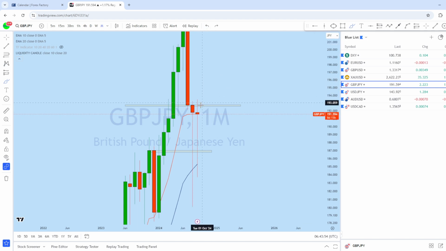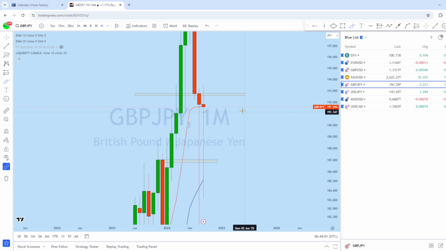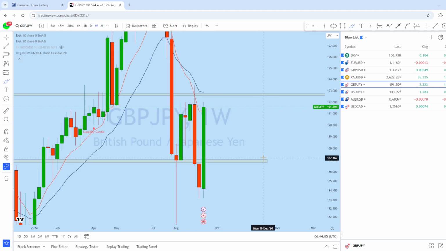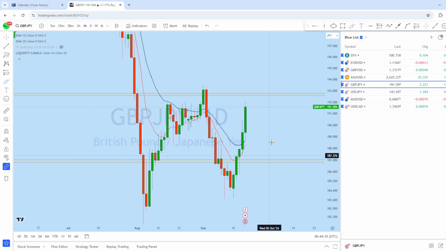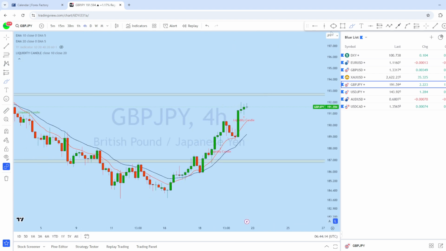We might see even a monthly close as a red candle or as a doji. So if the price wants to close on the monthly as a red candle or doji, after a bounce we can expect a retreat back to the support. Before the weekly close, we might see a return again. So overall, the market structure could be in this form on GBP/JPY.